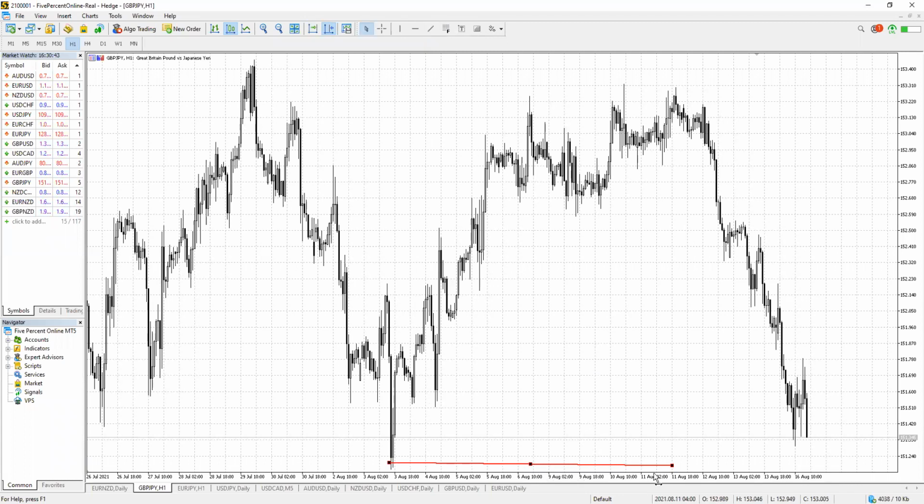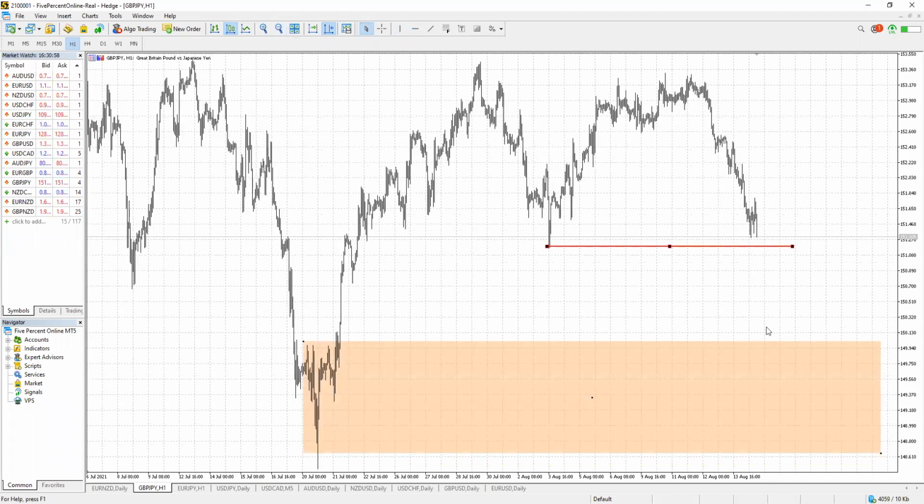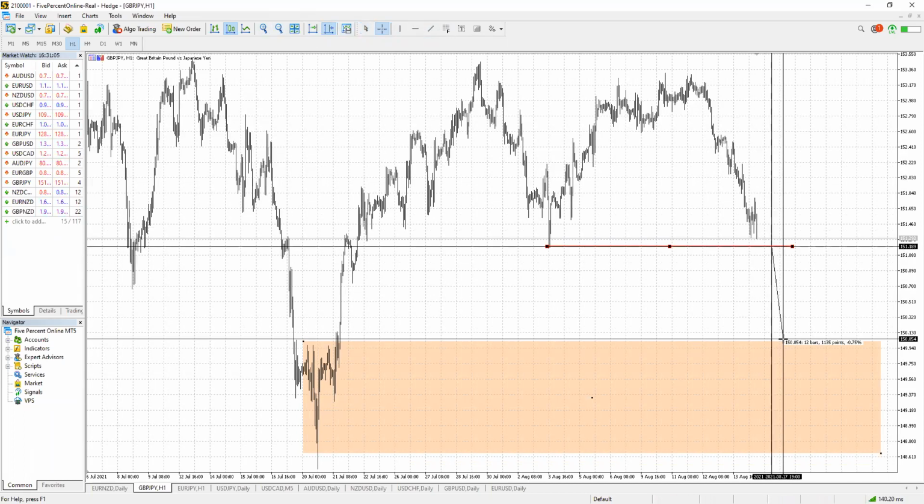and again, there's a lot of selling pressure similar to the Euro Yen, which is pressing down. You can see how we're pressing down here as well. A lot of selling pressure. And I wouldn't be surprised to see a break and a test of this demand. So that's about 100 pips.